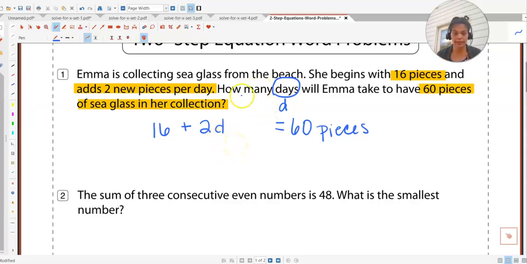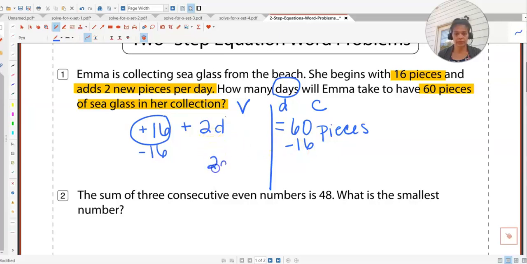So I need to isolate the D. Based on this setup, I've got my variable on my left side, and my constants are going to be on my right side. I see a positive 16. We've got to get rid of that, so minus 16 on both sides.